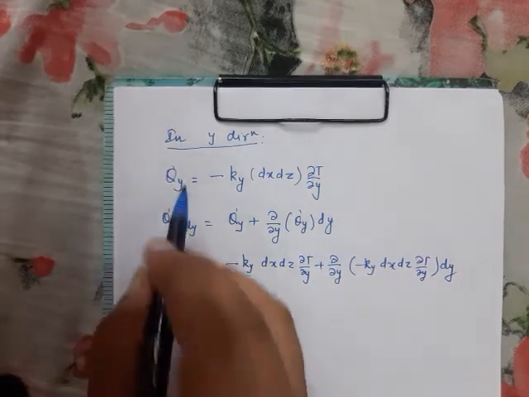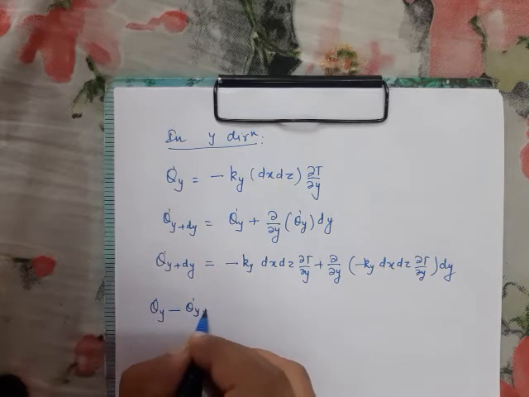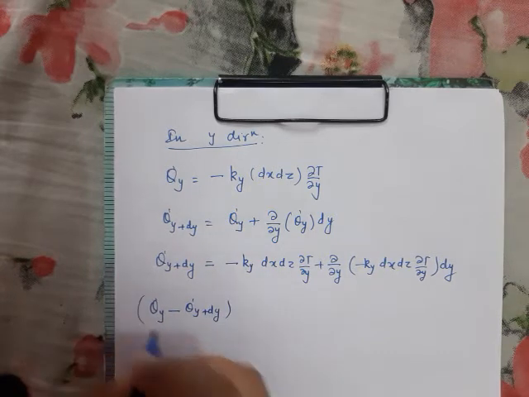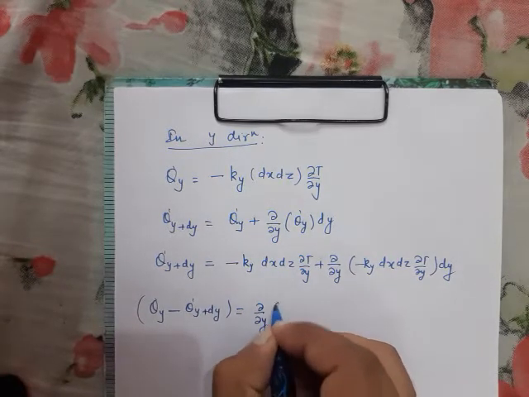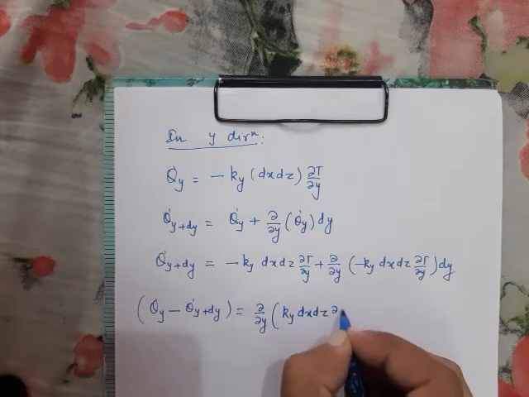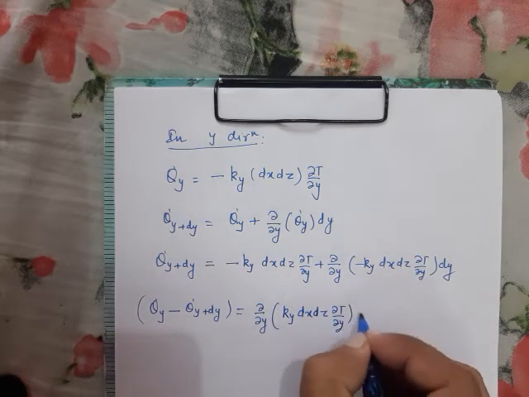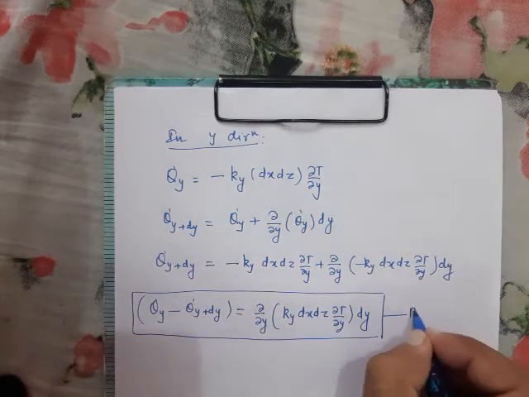Now subtract. I want to have the value qy minus qy plus dy. Subtract this term from this term. What you will get is equal to del upon del y of ky dx dz del T upon del y dy. This is equation B.